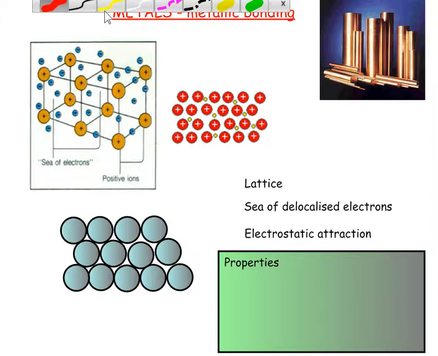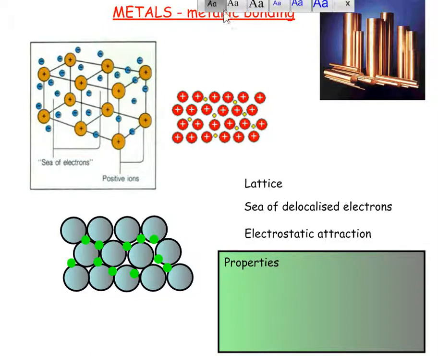Fabulous. And you find these little electrons between the atoms, but of course they're not called atoms anymore because they've lost these electrons who've run off, so they're called metal ions. Okay, so that's important.